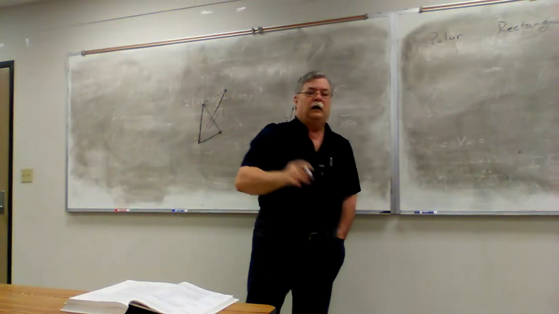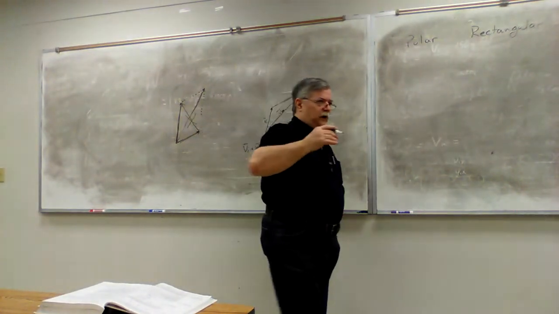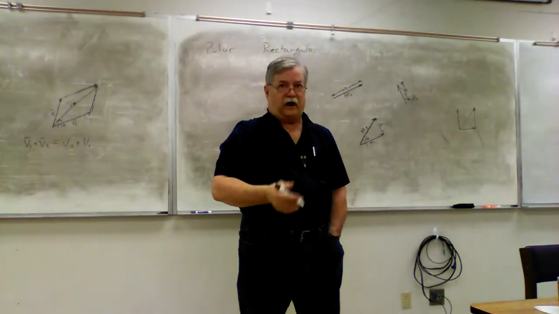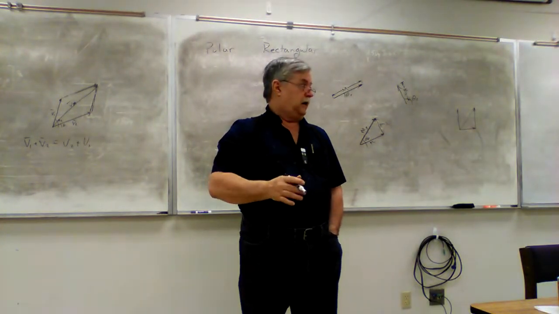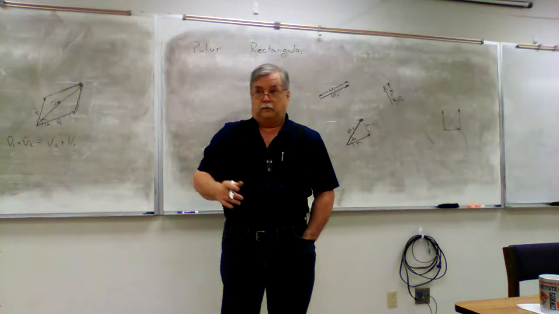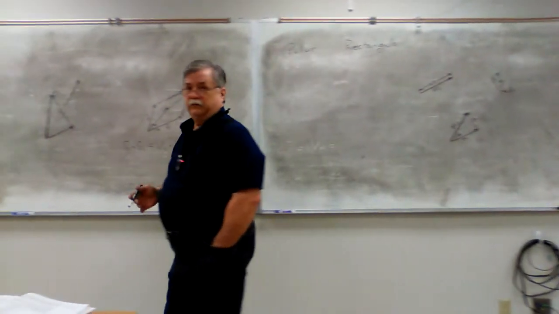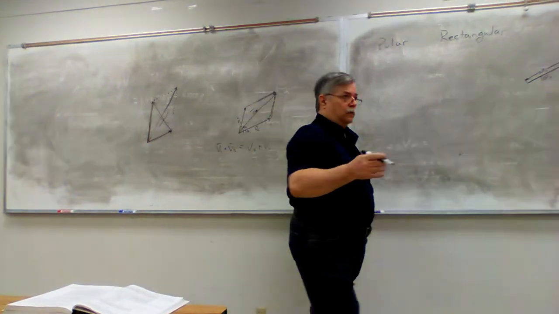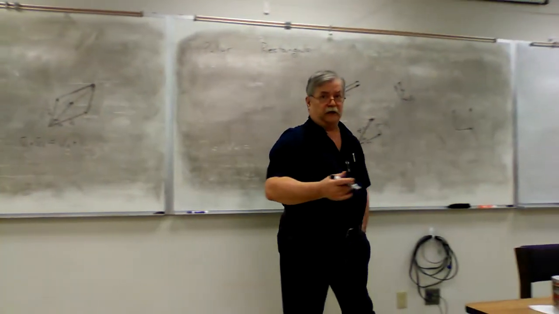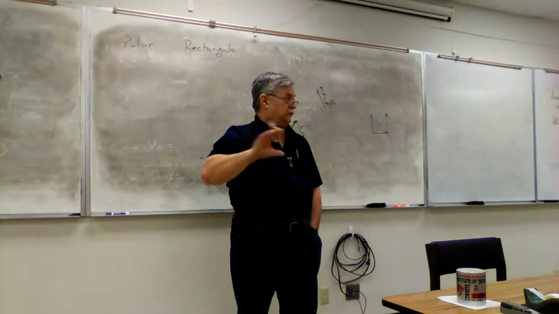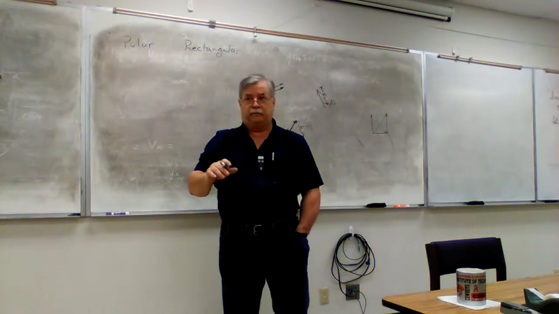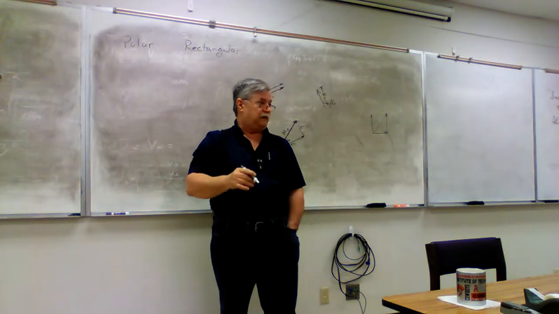Okay, thank you. All you're changing is the way you describe the vector. You're not changing the vector in any way at all. Whether you describe it as a polar form vector with a magnitude and a direction, or in rectangular form as the vector sum of right angle vectors, you're describing the same vector.